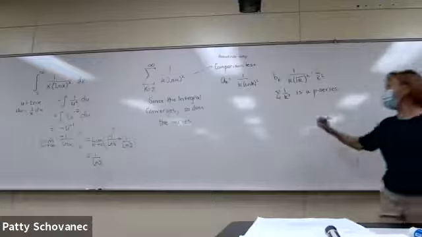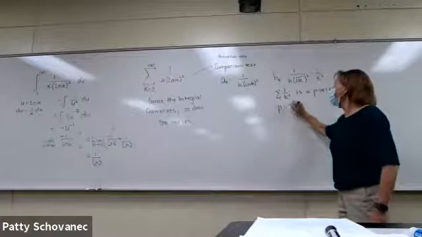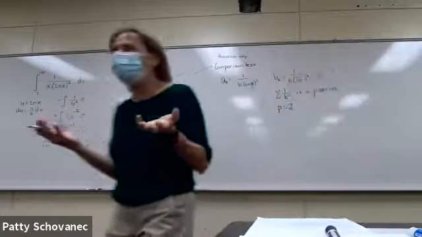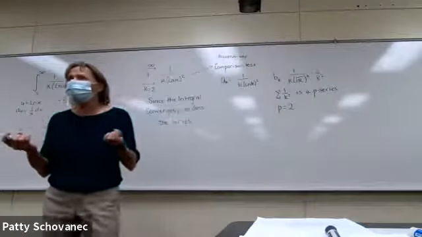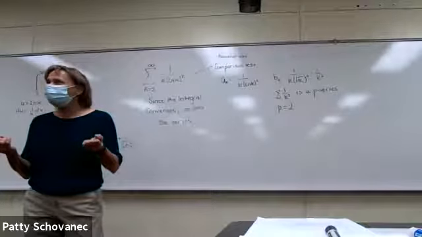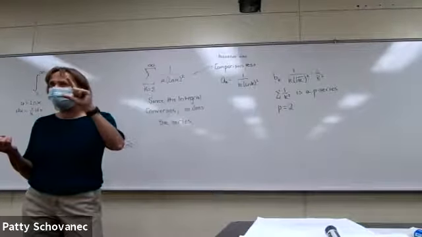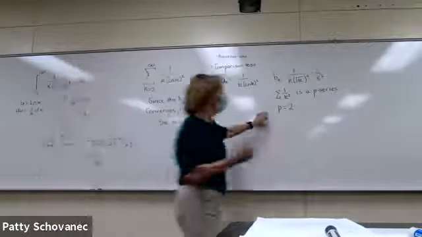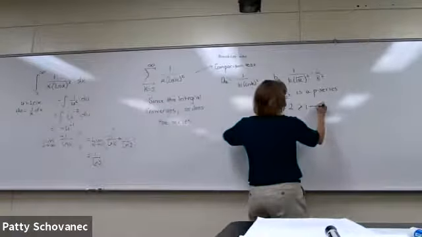The value of p here is 2. What does that tell you about whether this converges or not? P series bigger than 1 converges, p series smaller than 1 diverges. This is bigger than 1, so it converges.